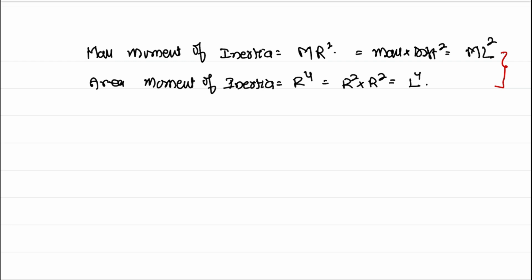Now, whatever equation is there, for moment of inertia, instead of writing mr square, we will write it as mk square, such that k is equal to the radius of gyration.